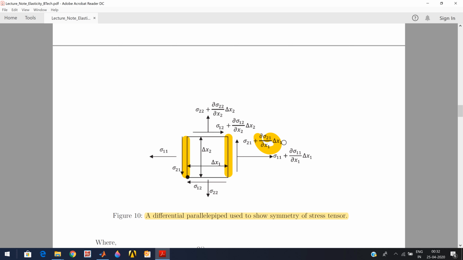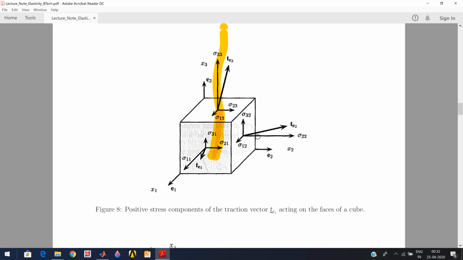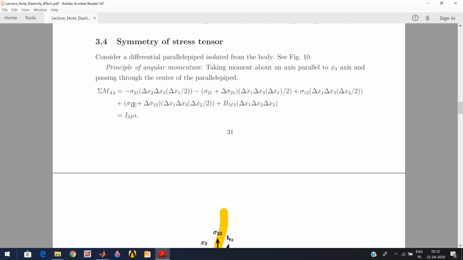Now we can see the equation we have obtained here. This negative sign is for the counterclockwise moment, and then the force is sigma 2 1 times delta x2 into delta x3. Then this is the moment arm.